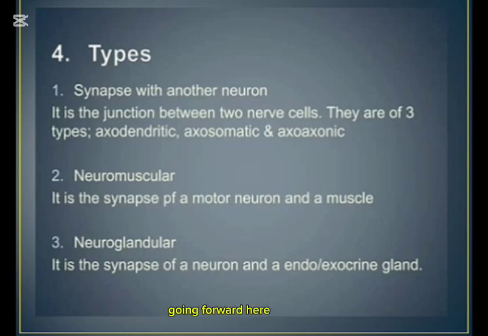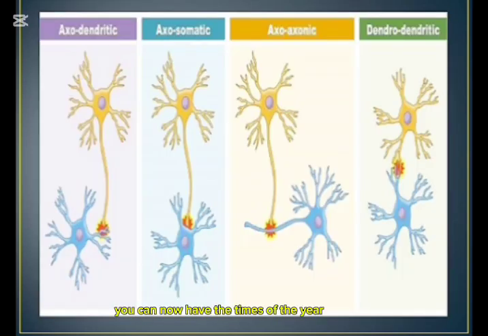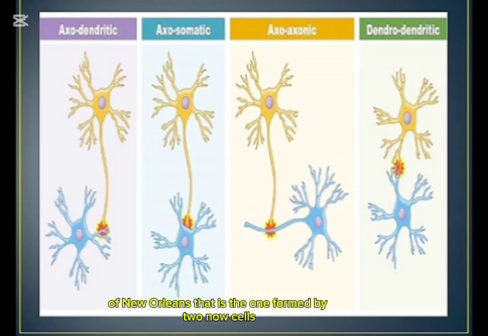Going forward, here you can now have the types of the neuronal synapse. Alright? There are majorly 3 types, but some authorities have classified these 3 types into four types of neuronal synapse.